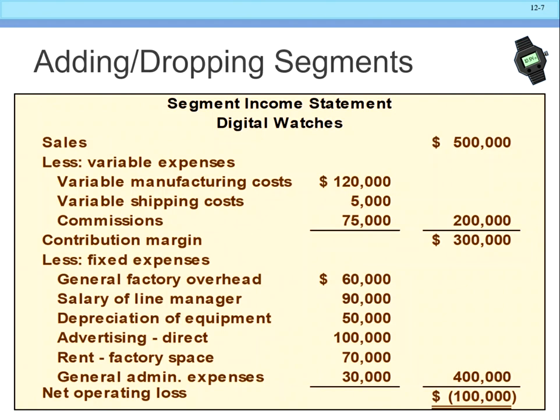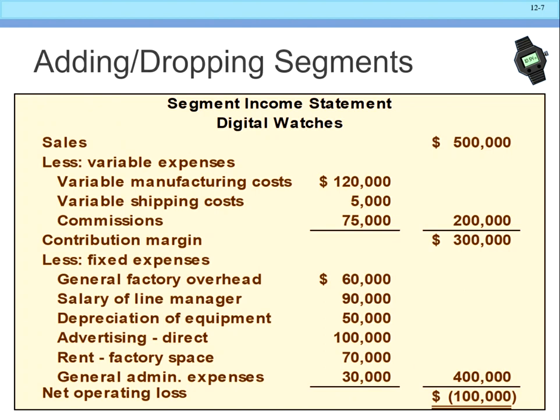Let's look at the current scenario. This is the digital watches segment, and the problem the company has is that this segment is making a loss equivalent to 100,000. So the decision now is to close this division because it's making a loss.